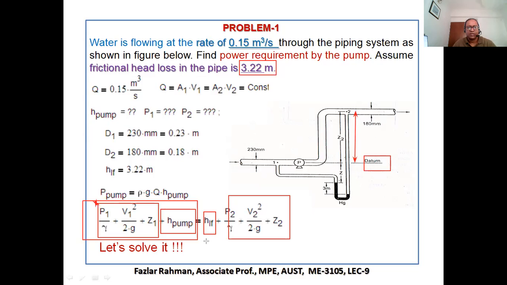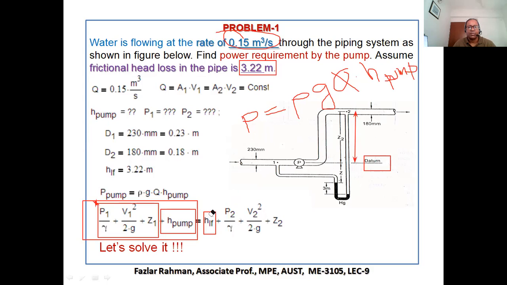What is pump power? Pump power P equals rho G into Q. Q is already given. Rho we know, the density of the water. But we need to calculate H pump, the head of the pump. So how do we get the head of the pump? From the bottom equation, you need to figure out the head of the pump.